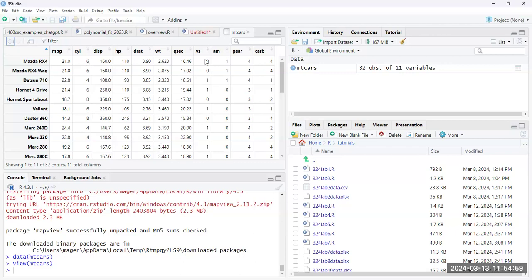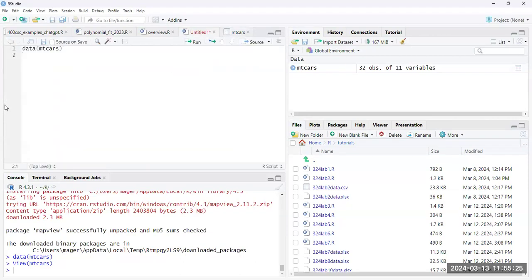But things like cylinders and whether it's automatic or manual and the number of gears that it has and so forth, these are all good discrete variables that we can turn into factors. But notice that the way it's organized, this is the way that we want the data to be in R in order to do the analysis. We do not need to then pull these apart into separate vectors in order to perform our analysis. So this is how we want all of the data to be.